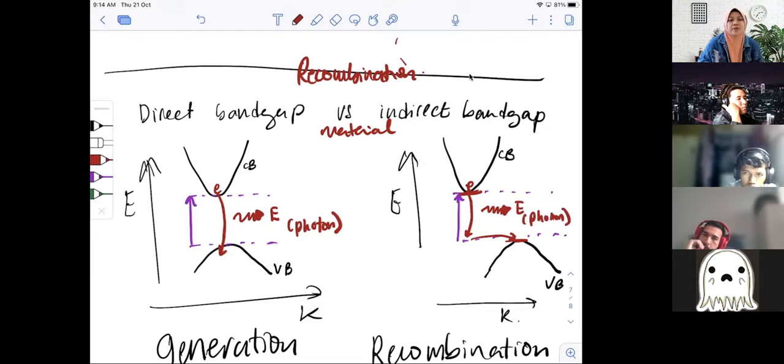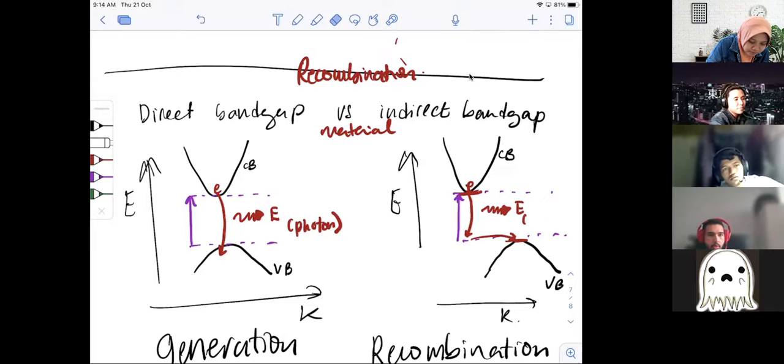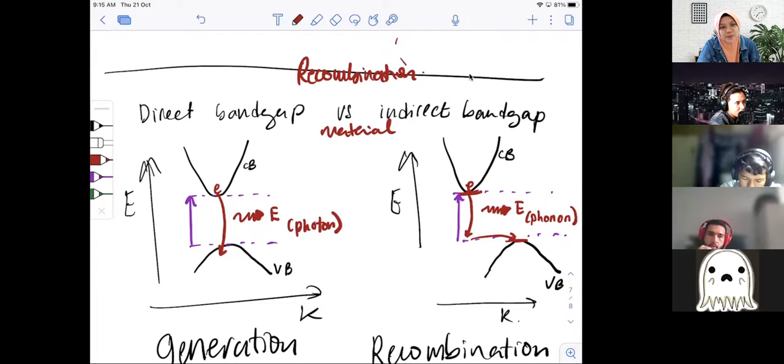Who knows the difference between photon and phonon? Anybody? Proton, phonon, photon. Don't get confused. Sometimes students get confused. You know what a proton is, what a hole is, so do not confuse between the two. Now we have photon and we have phonon.